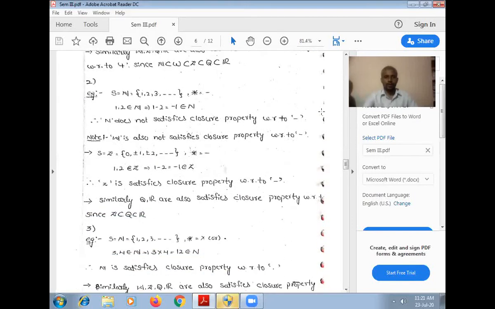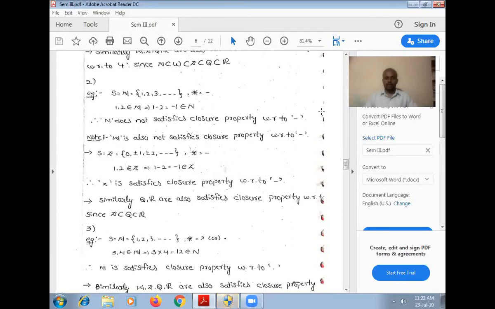Now we go to another number system. After W, we get the number system Z. Let us consider S equal to Z, and here also star is minus. Now 1 minus 2 equal to minus 1, and minus 1 belongs to Z, since Z contains negative and positive values including 0.